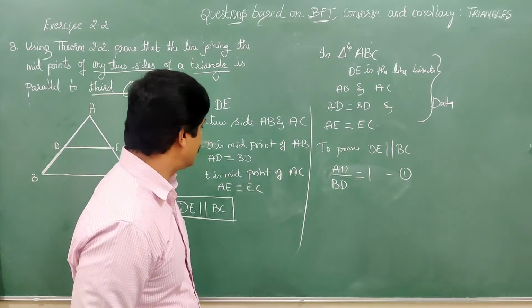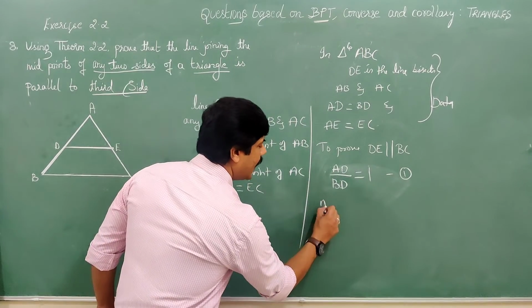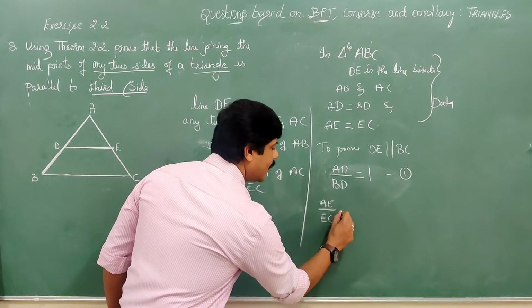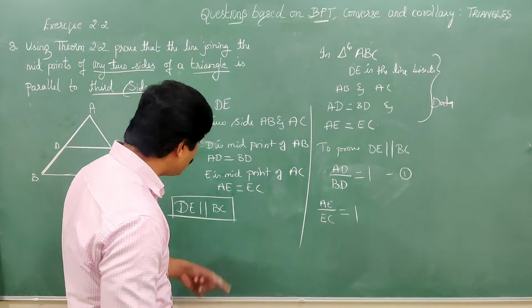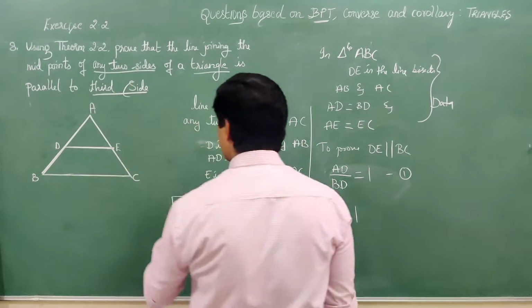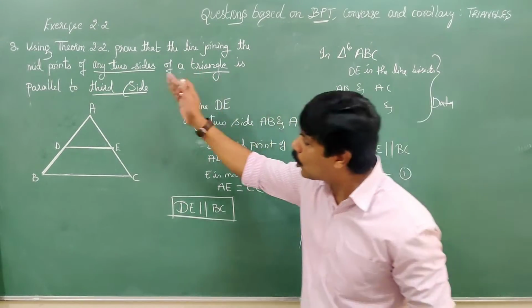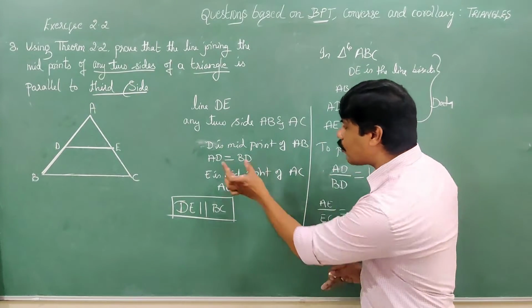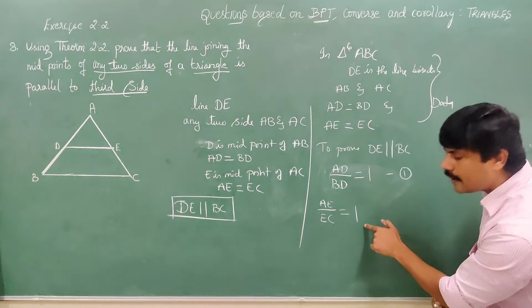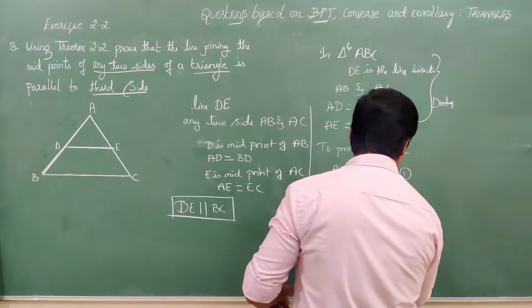Put this as 1. Now what is AE by EC? AE by EC is also equal to 1. How? Because AE is equal to EC, which we derived from the statement, because DE is a line which bisects both AB and AC, so we have AD equal to BD and AE equal to EC, and AE by EC also becomes 1. Make it as 2.